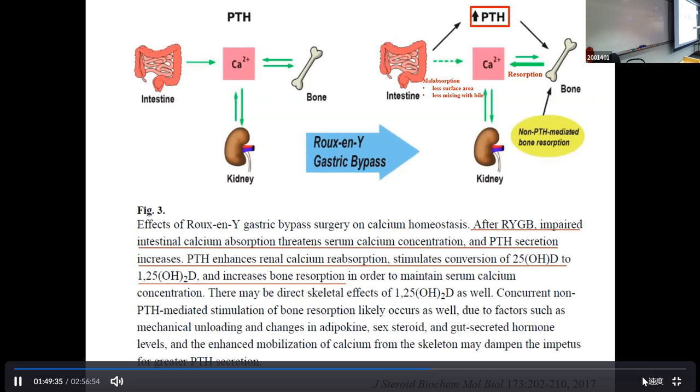Now, you may not truly understand what I mean here, but don't worry, because we will have a detailed diagram for you later on. So this is more or less the focus. You have a normal situation, and then after the bariatric surgery, the triggering point is a decrease in calcium due to decreased absorption, and therefore it will trigger a sequence of events.